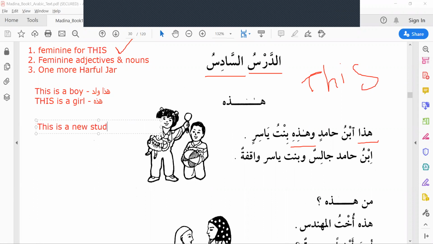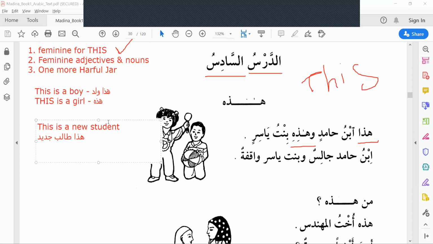How do we write this in Arabic? هذا طالب جديد. جديد means new, correct? هذا طالب جديد.